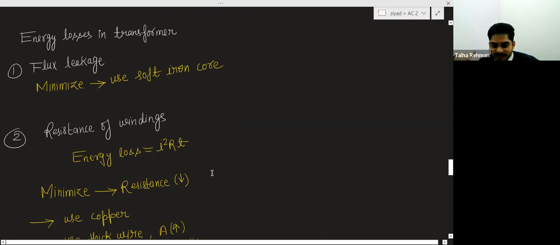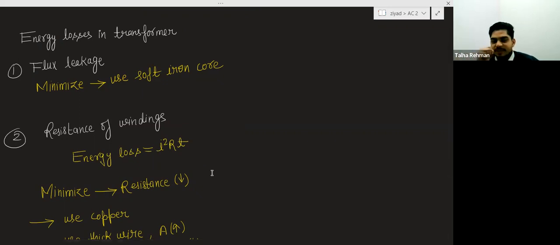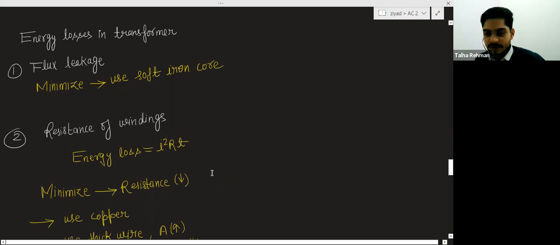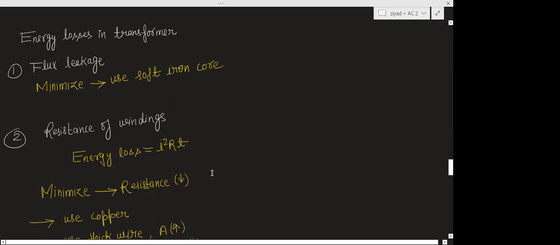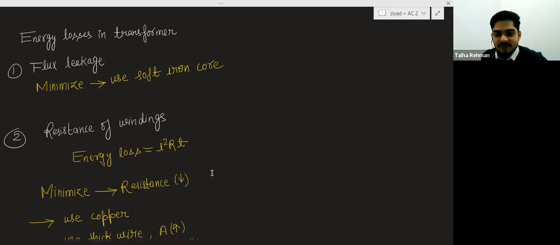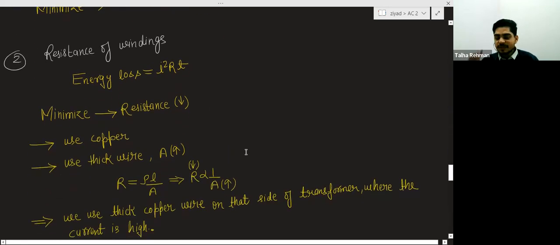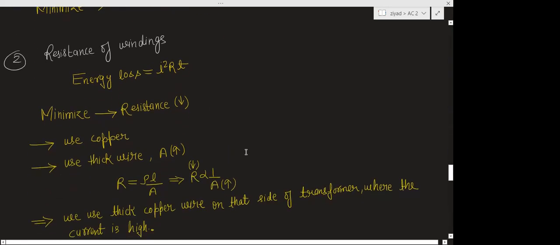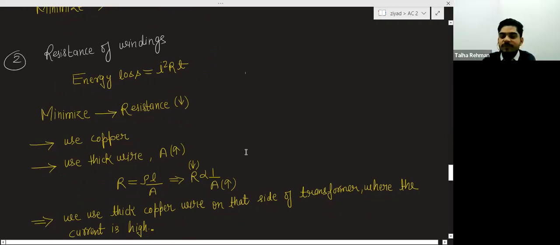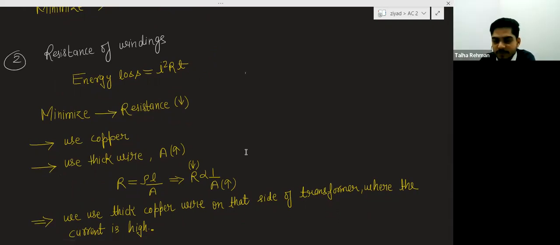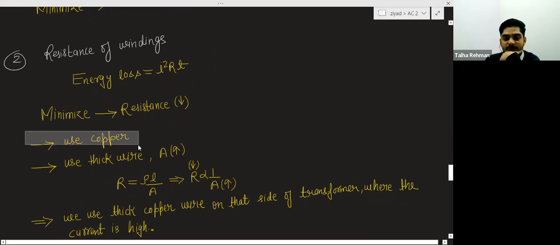Decrease the resistance of the winding, using a material which has low resistance, like copper. Copper has the least resistance, but copper is costly, so we cannot make the whole winding of the transformer of copper.